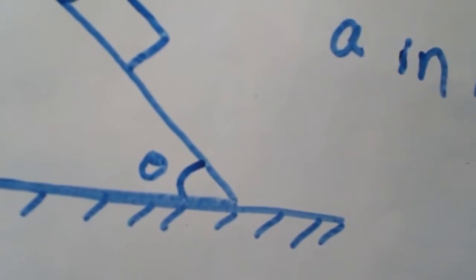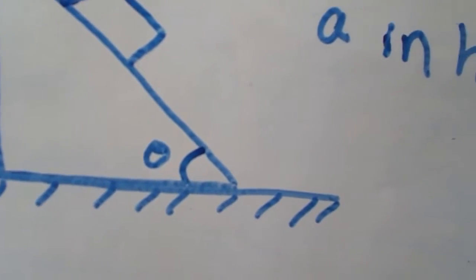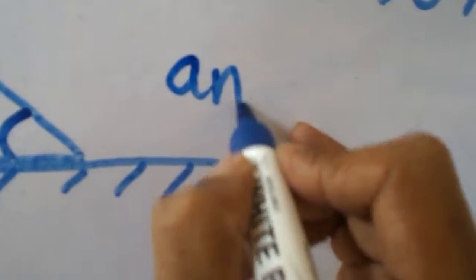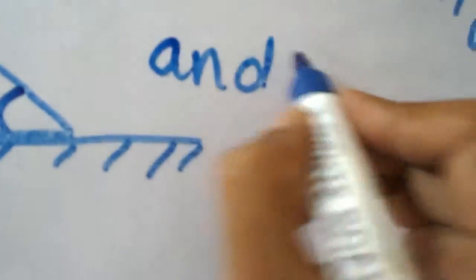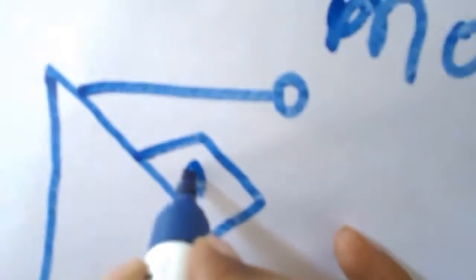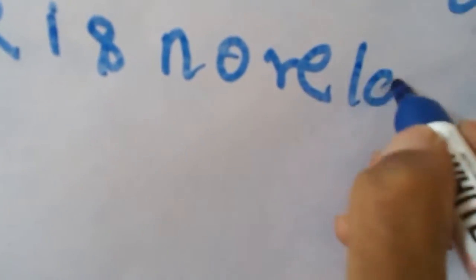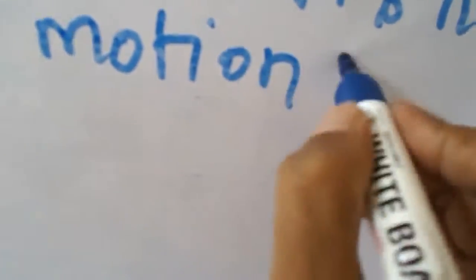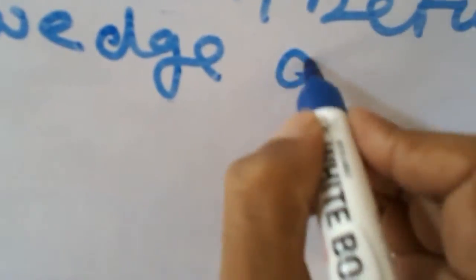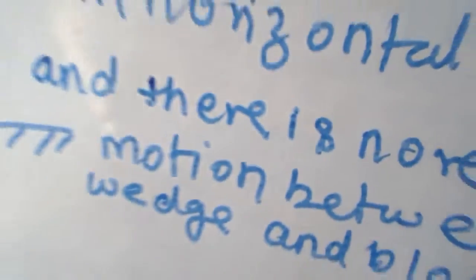What you have to do? There is no relative motion between the wedge and block A. You got this?